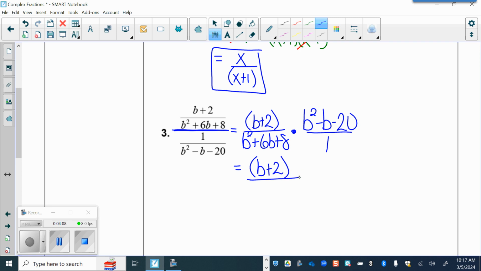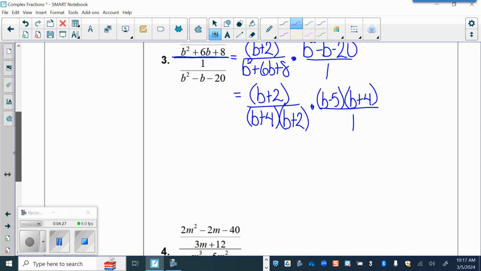Let's see, plus 4, plus 2, times b minus 5, b plus 4. Eliminate, my favorite step. Let's see here, b plus 2, b plus 4, b minus 5 over 1, b minus 5.